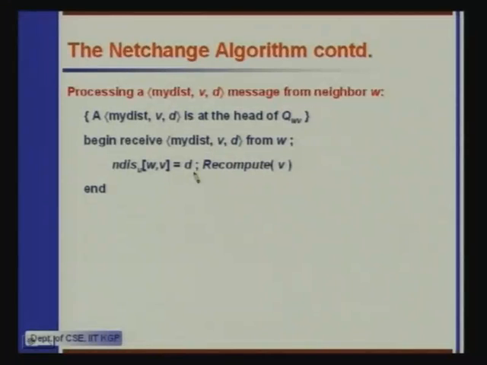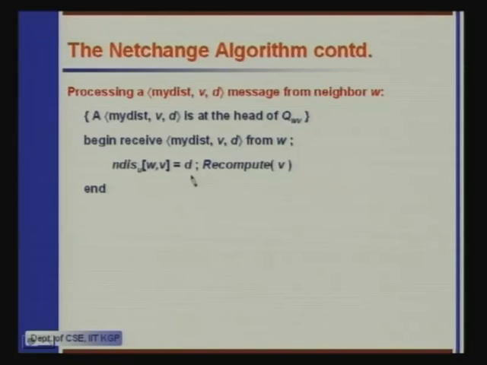One way is that maybe now my path to V will go through W, or it could be that this cost has increased and previously I was routing packets for V through W, now I may choose to route it through another neighbor because this has increased.